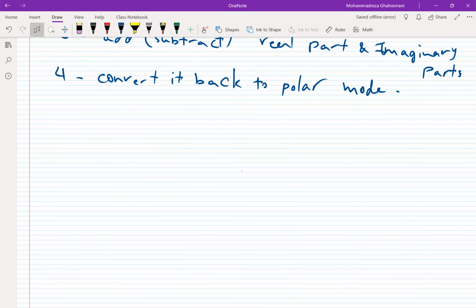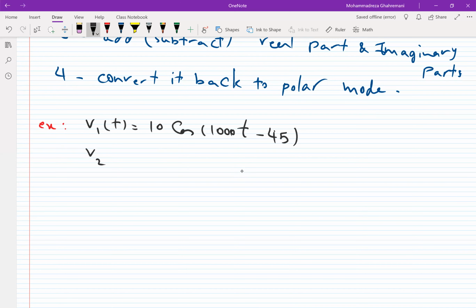Okay, so let's see one example. We have two signals. V1 of t is equal to 10 cosine of 1000 t minus 45. V2 of t is equal to 5 cosine of 1000 t plus 30.